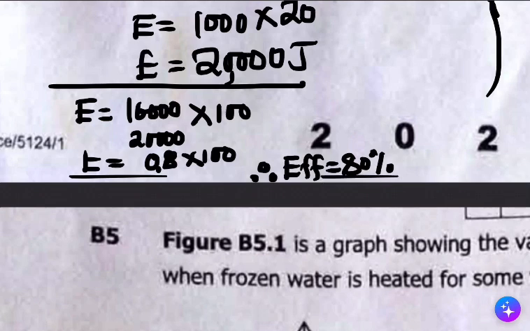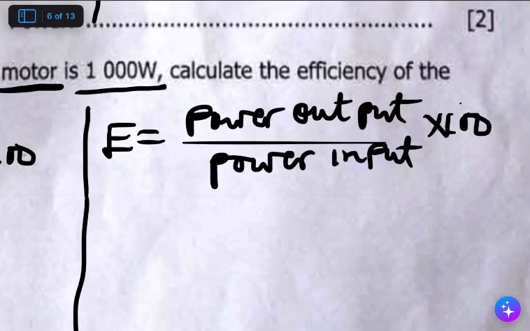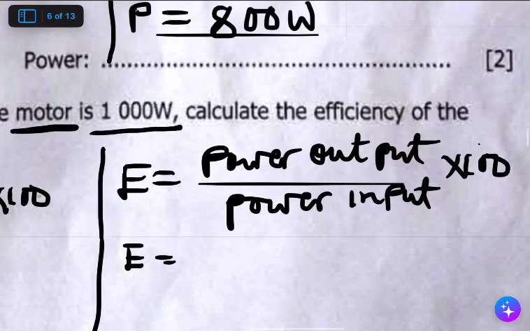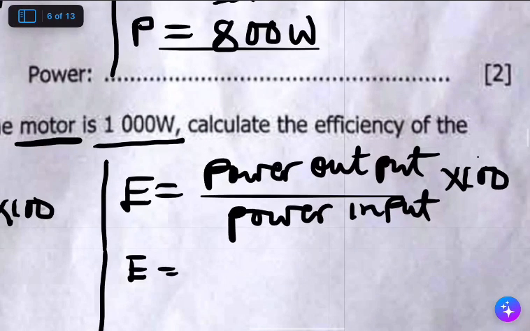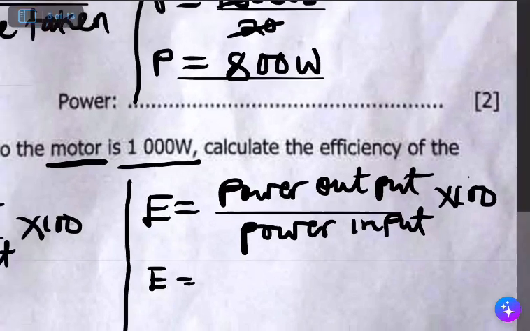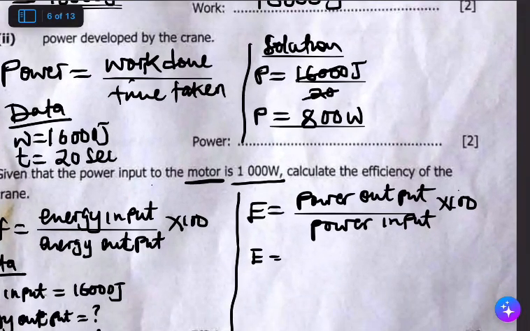Also, in similar form, if you are using the direct formula, you can say efficiency is equal to the power output, which is 800 watts.